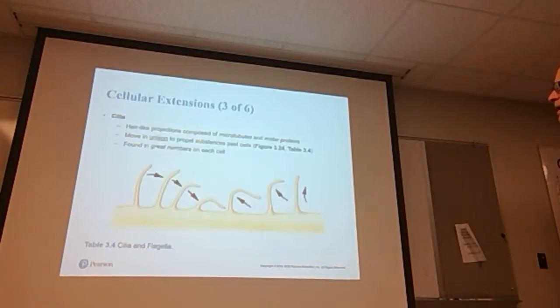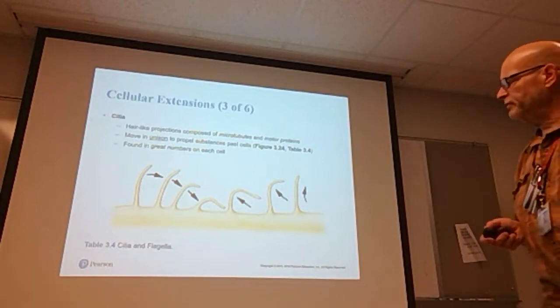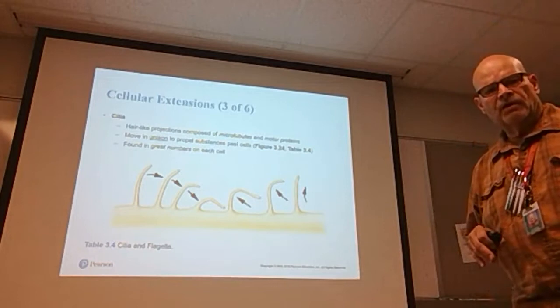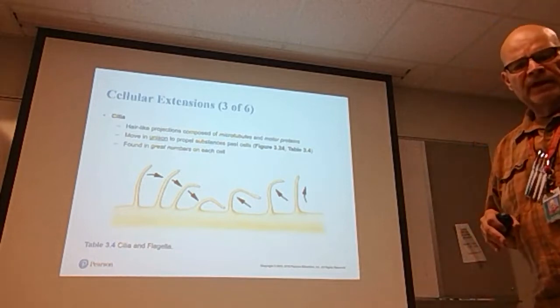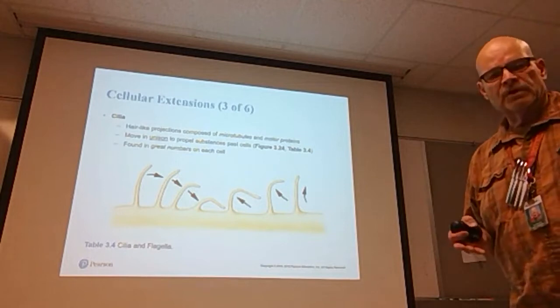The cilia are hair-like extension projections. Also, they are microtubules and motor proteins. They move in unison to propel substances past the cell. Now remember, when we were talking earlier, I may have mentioned protist organisms and the one-celled organisms.